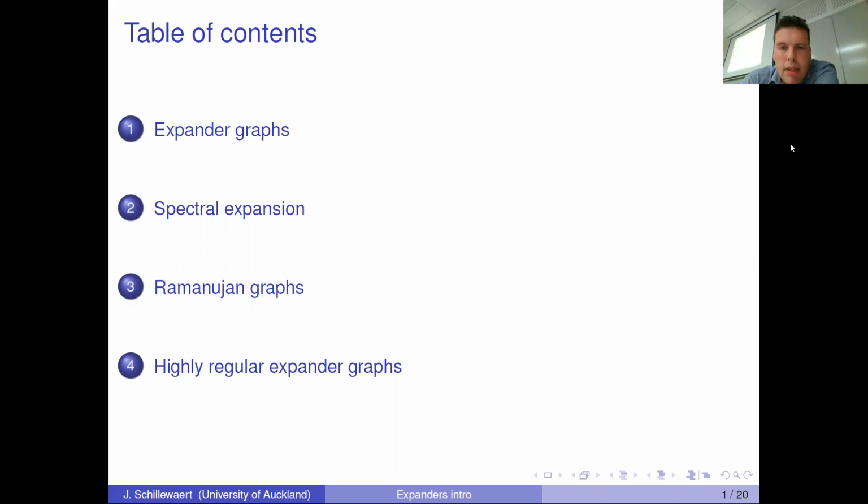Then in my third topic, I will discuss Ramanujan graphs. These are graphs which are optimal from the point of view of expansion. I will discuss two classes, one of which was already discussed to quite some extent in Bo's talk. And then finally, I will spend a couple of slides on the results we actually obtained recently on highly regular expander graphs.